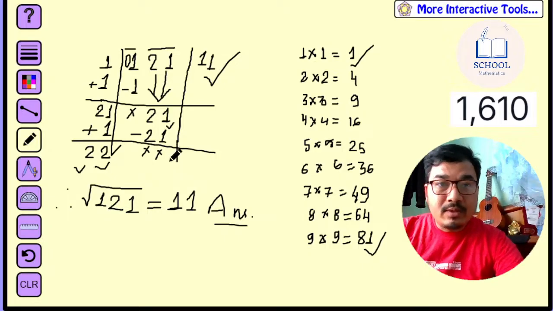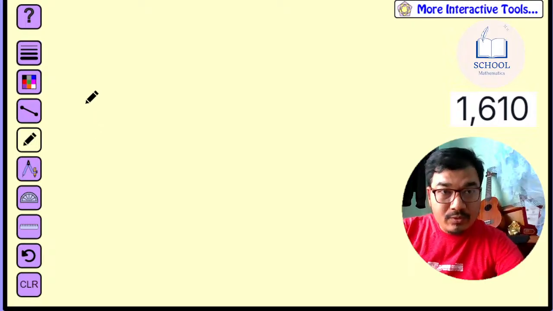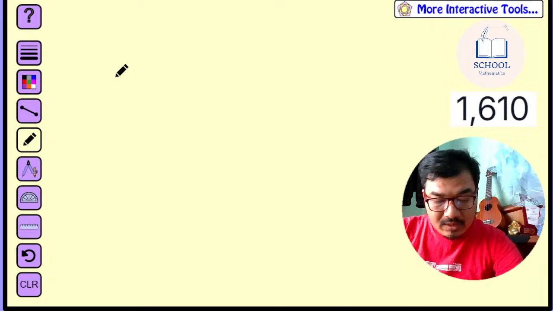I want to clear this. Okay, then now I am going to take the second example.